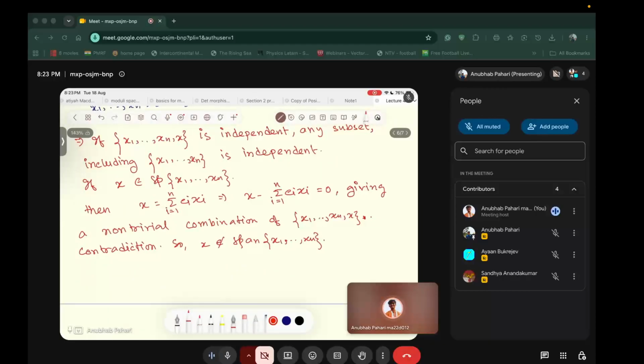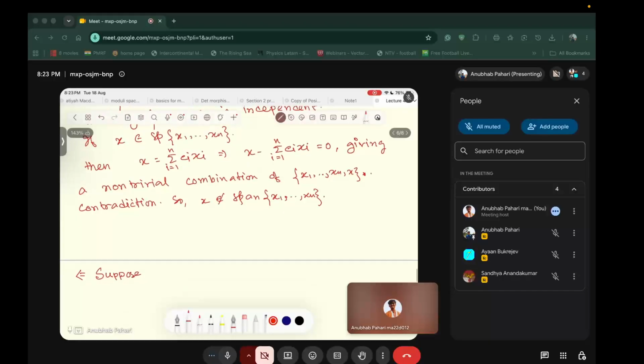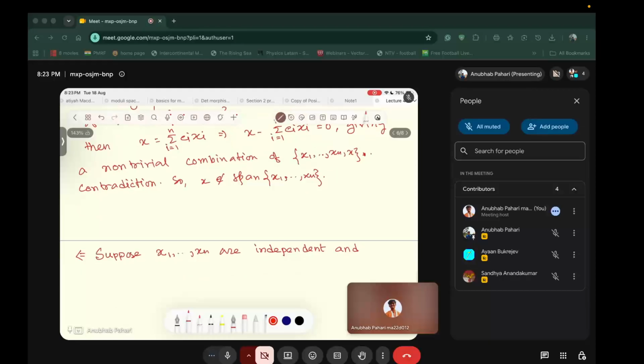Now for the converse direction, suppose x1 comma up to xn are independent and x does not belong to span of x1 up to xn.